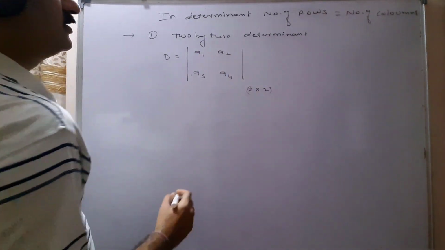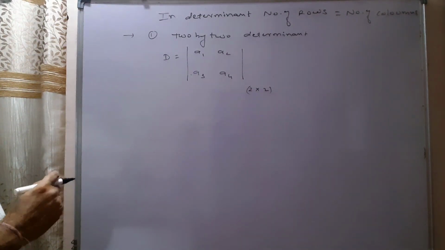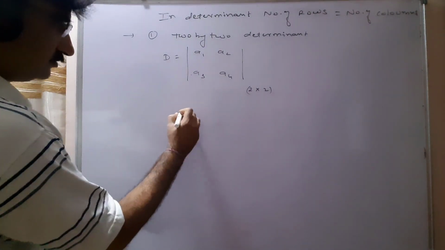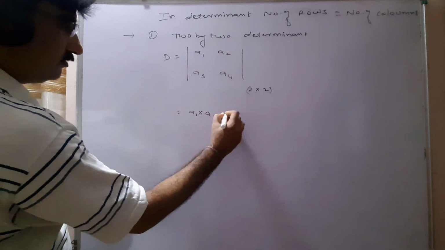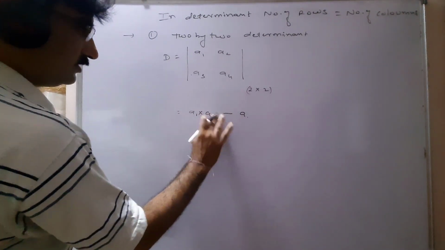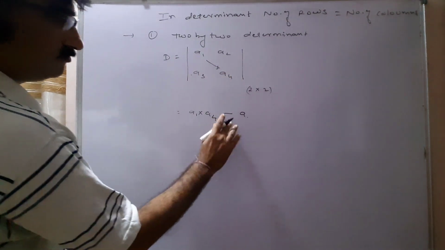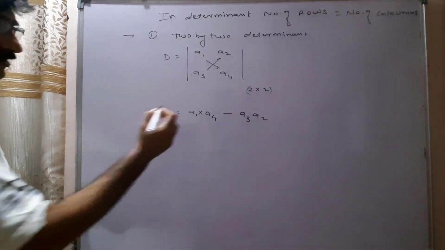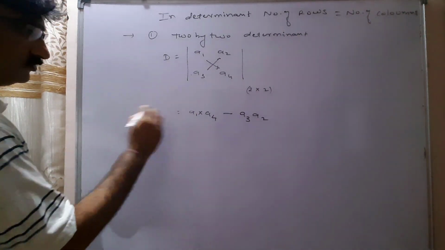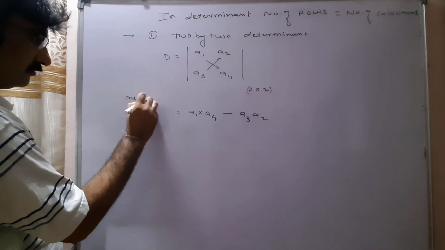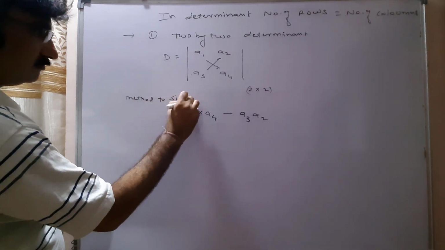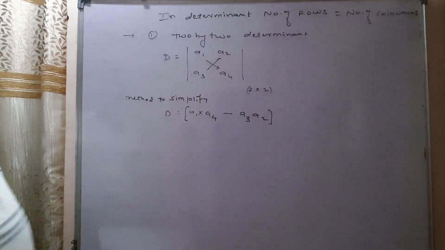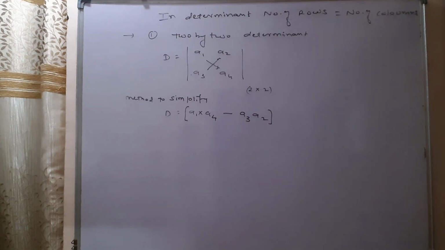Here the order of the determinant is 2 by 2. Now, how do we simplify this determinant? So the method is A1 into A4 minus A3 into A2. So this is the method to solve the 2 by 2 determinant. Simplify. In such a way, we find the value of the determinant.